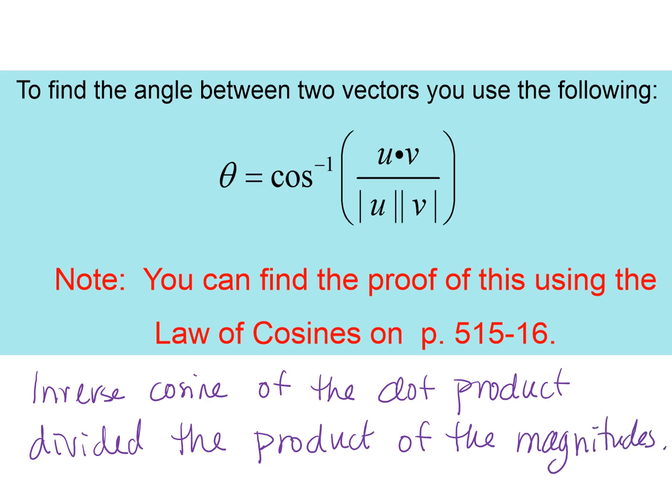Might be a little confusing there because I used the word product twice, but notice the first time it's the word dot product, the second time it is just product. So the inverse cosine of the dot product divided by the product of the magnitudes. I just have to say that to myself several times to get it to stick.